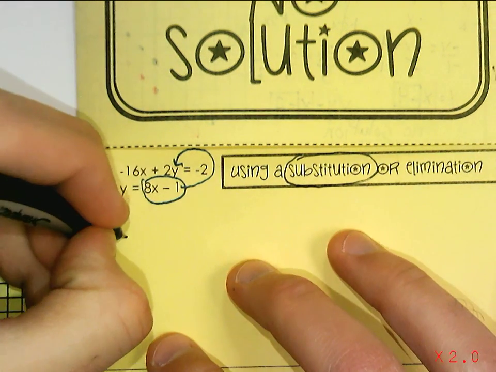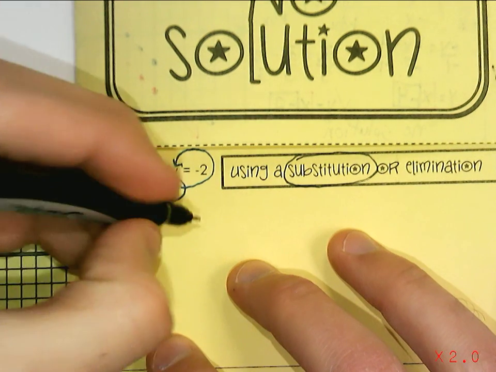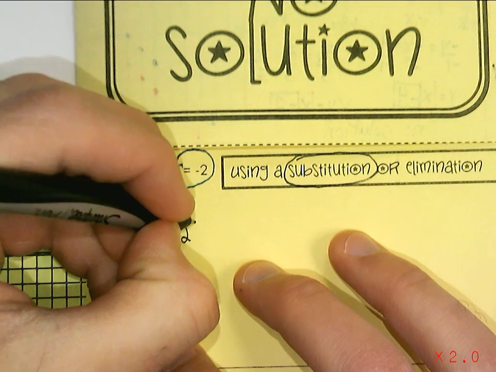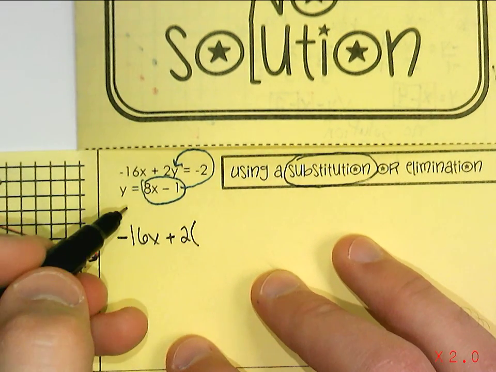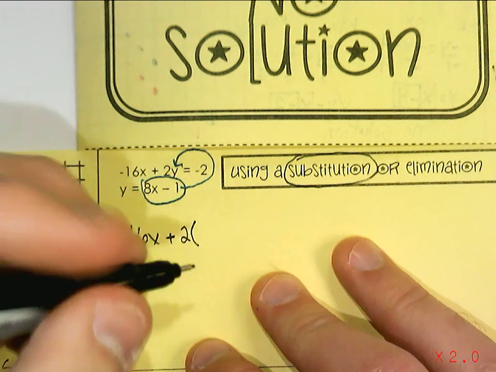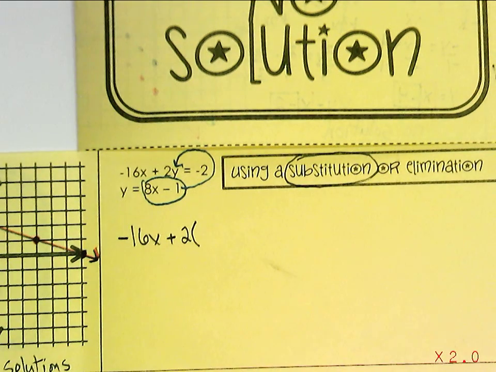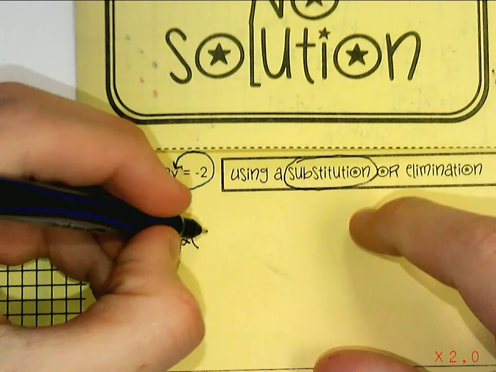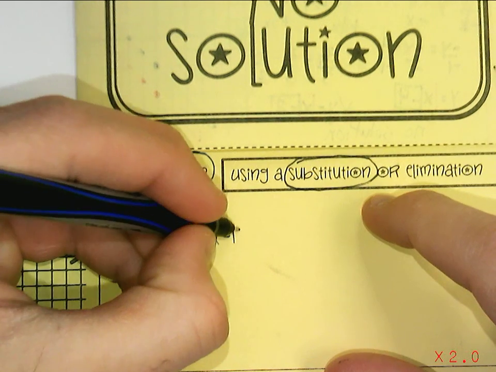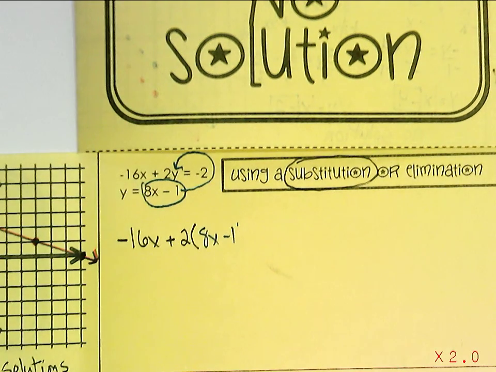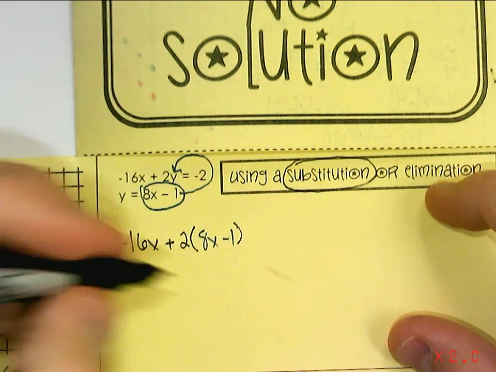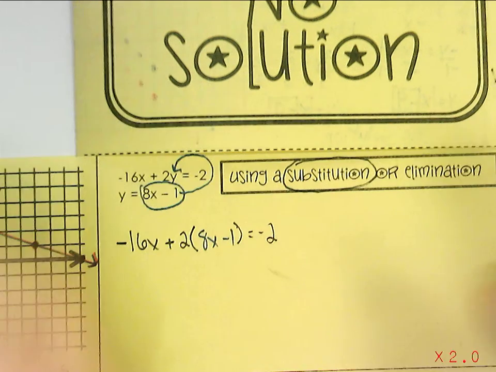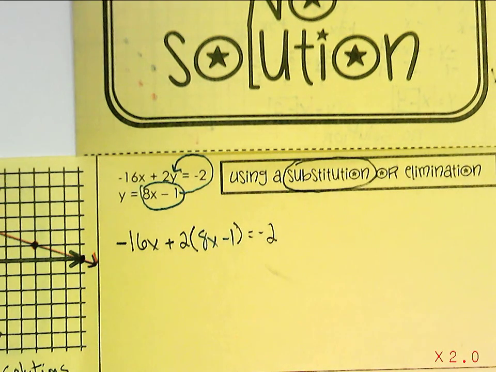So negative 16x plus 2 times, since it's 2 times y, it's going to be 2 times 8x minus 1. And that's going to be equal to negative 2. So we have a couple things that we need to do here.